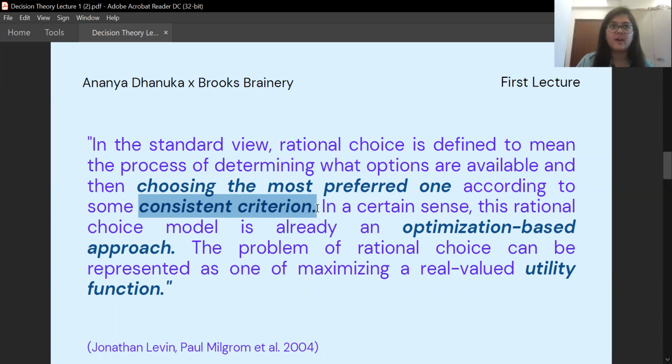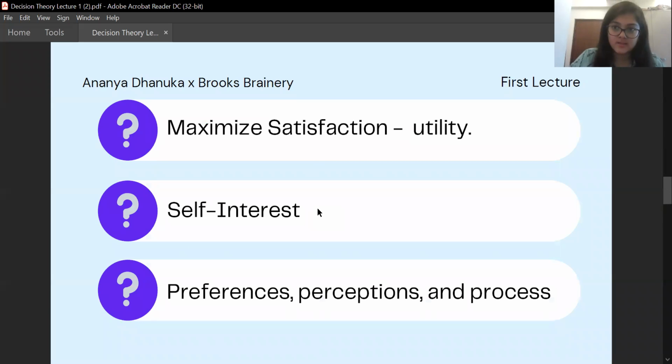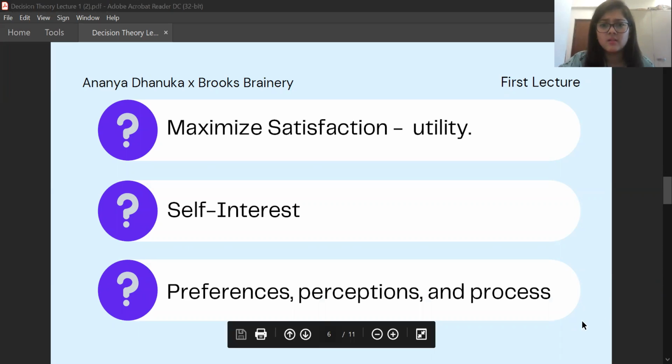Short run can't be defined on the basis of how many years or how many months, but let's just say, keeping most things constant, your perceptions shouldn't change. So that your perception should yield a consistent criteria. Then we move on to process. Process is this entire thing, right? This process of what choices to make, how did I make these choices.